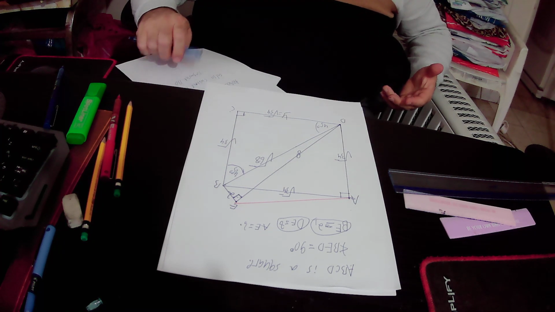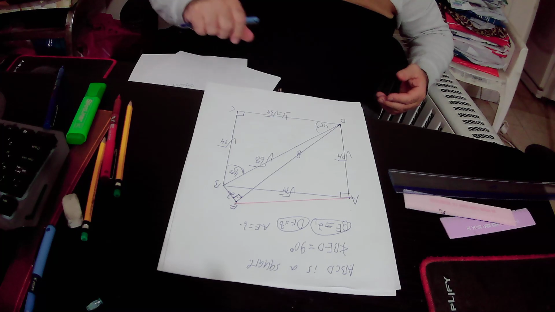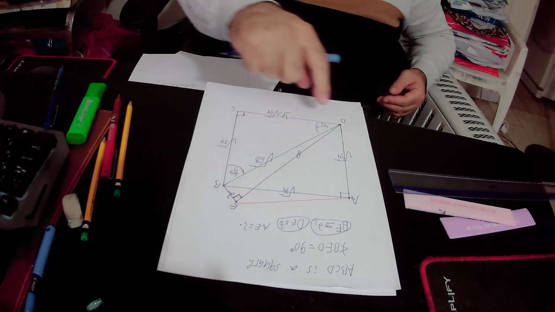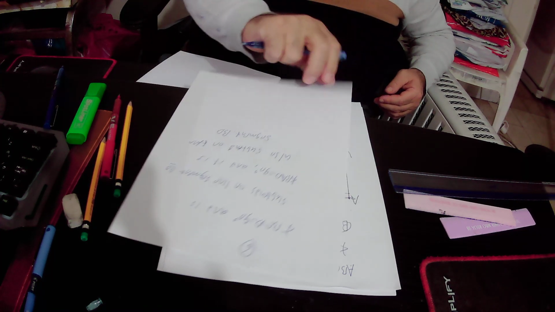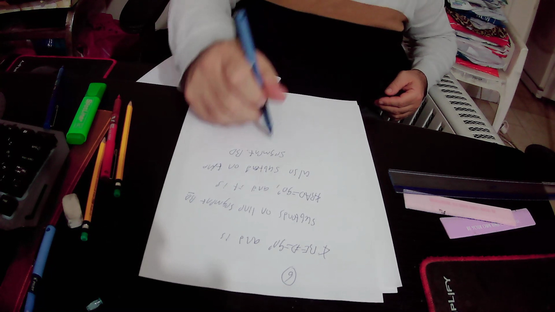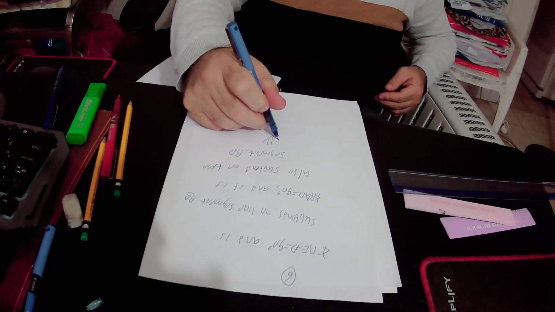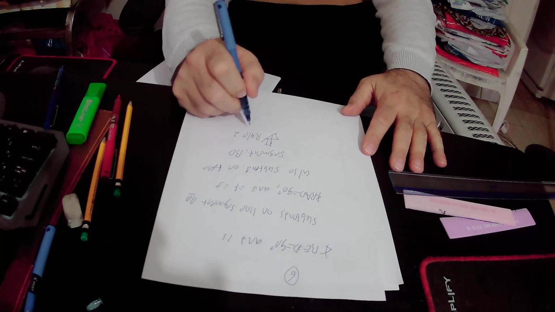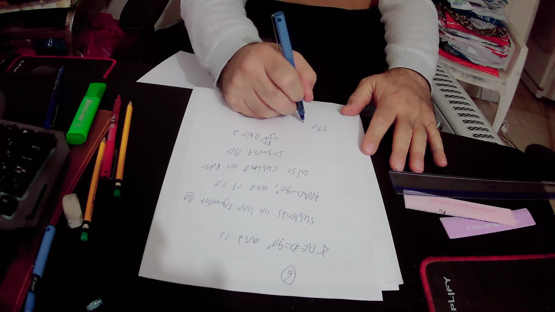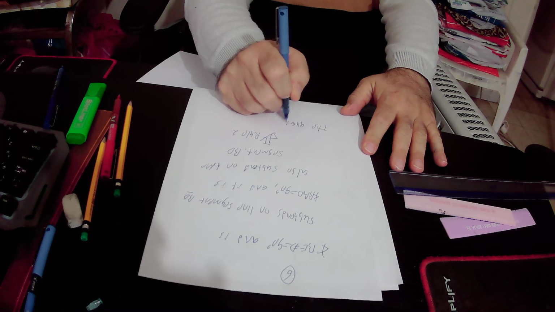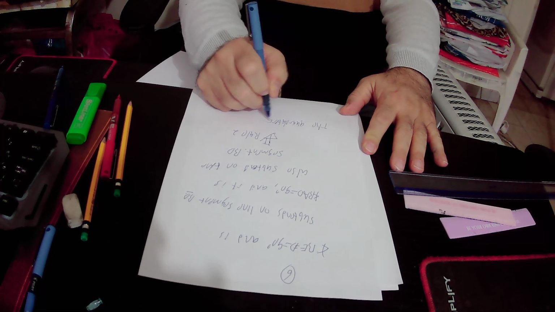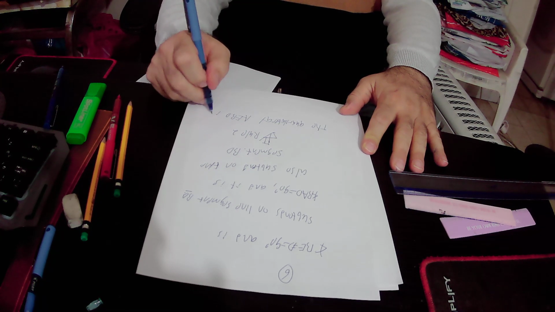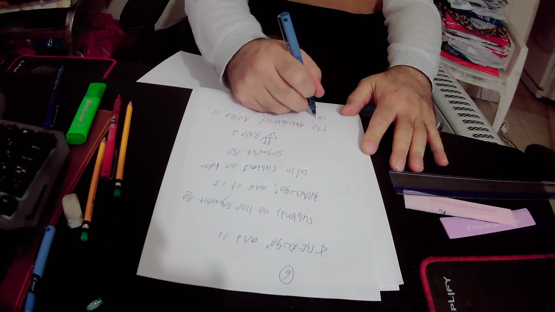So according to rule number 2, the quadrilateral AEBD, we can conclude from it that according to rule number 2, the quadrilateral AEBD is inscribed by a circle.